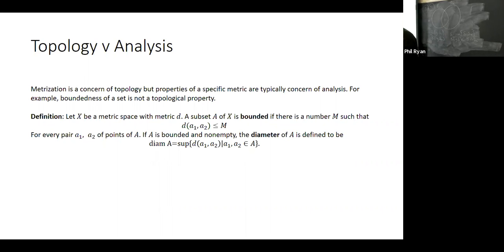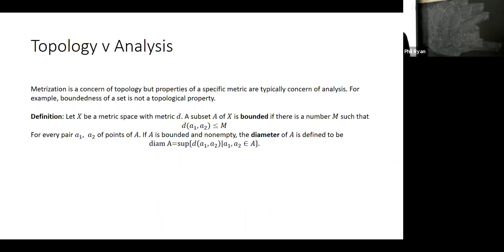Boundedness is an analytic property. It's not a topological property. So remember what a topological property is: a property such that if you've got a space, all spaces homeomorphic to that space should have that property.